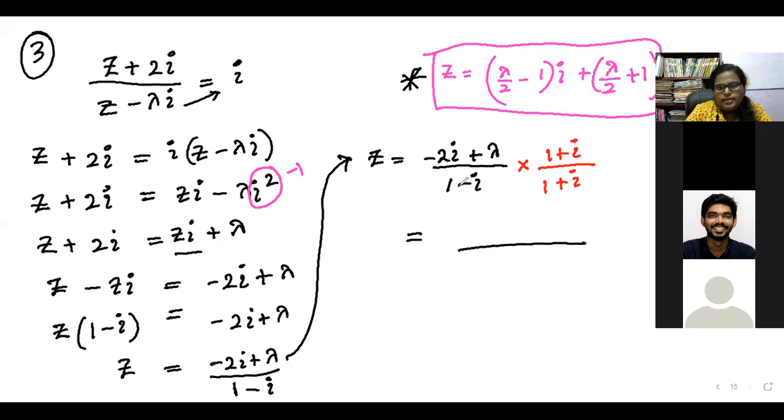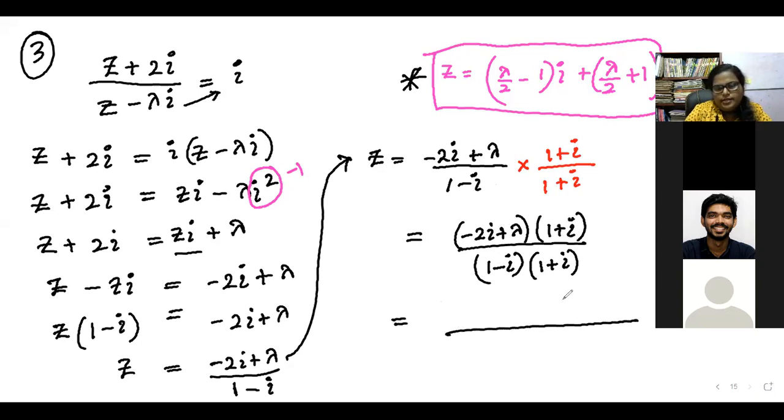Here you can see in the denominator you have 1 minus i and 1 plus i. In the numerator you have minus 2i plus lambda into 1 plus i. So you have to simplify these two. Here as the denominator you have the factors of the difference of two squares, so it is 1 minus i square. So you can simplify this one as 2, right?